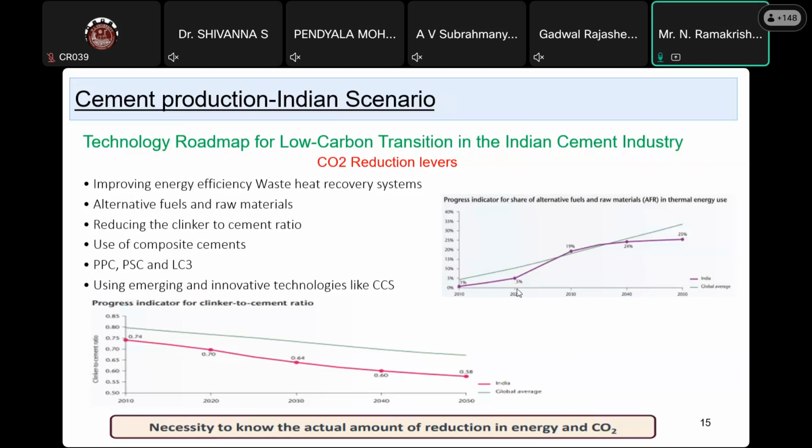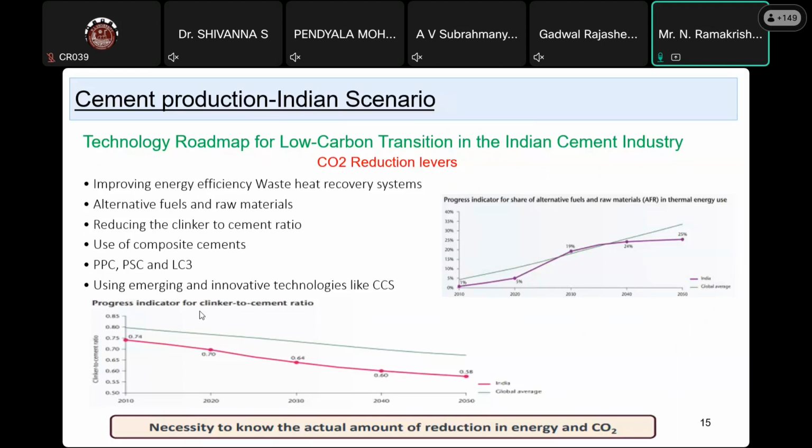Here you can see it is 5%, and then it's going to be 19%, and by 2014 it's going to be 24%. So you can see the different progression indicators. Alternate fuels is the first one.